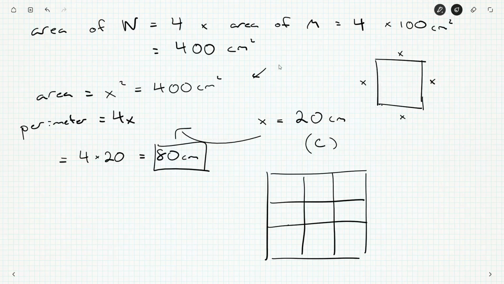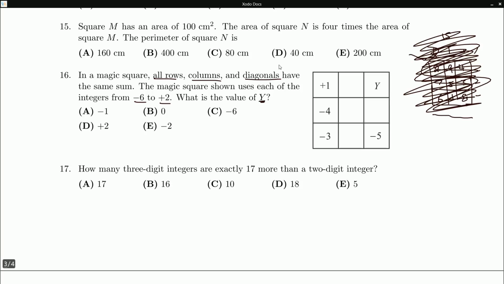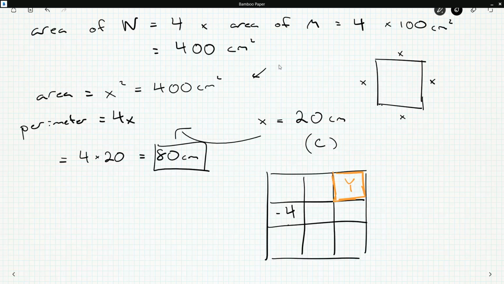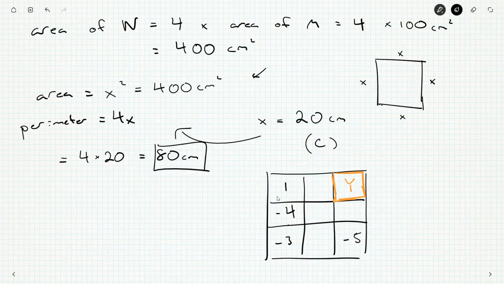So we've got y. I'm going to highlight it in this orangey color. So y is what I want to fill in. And then I think -4 was over here, 1 was above it, -3, and -5. Now, I've got one complete row, and usually you'll get one complete row or one complete column.